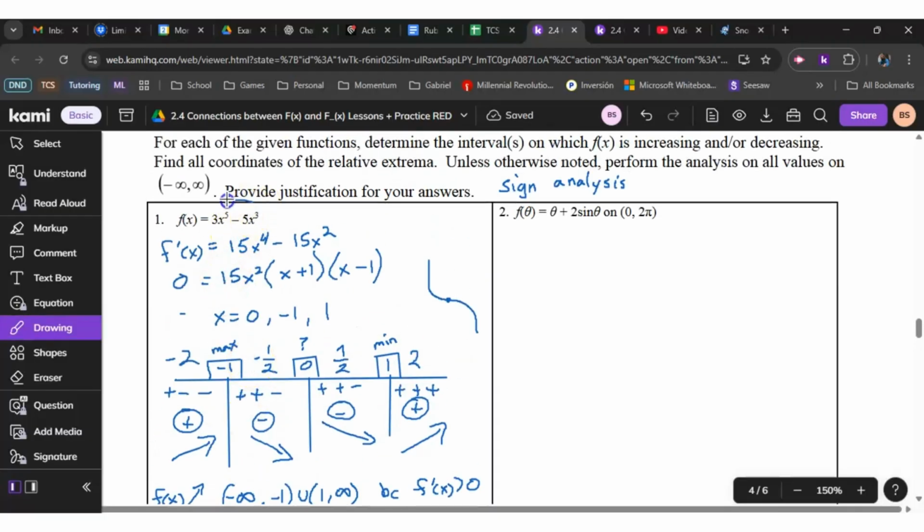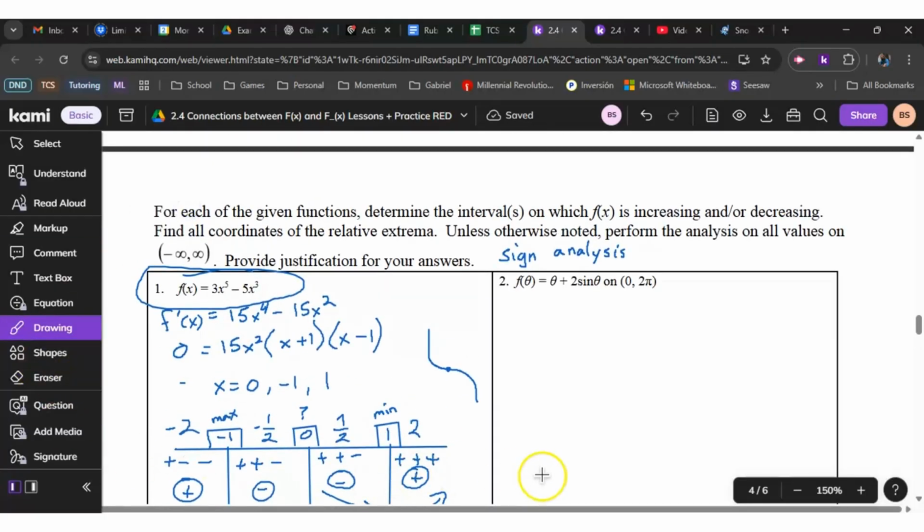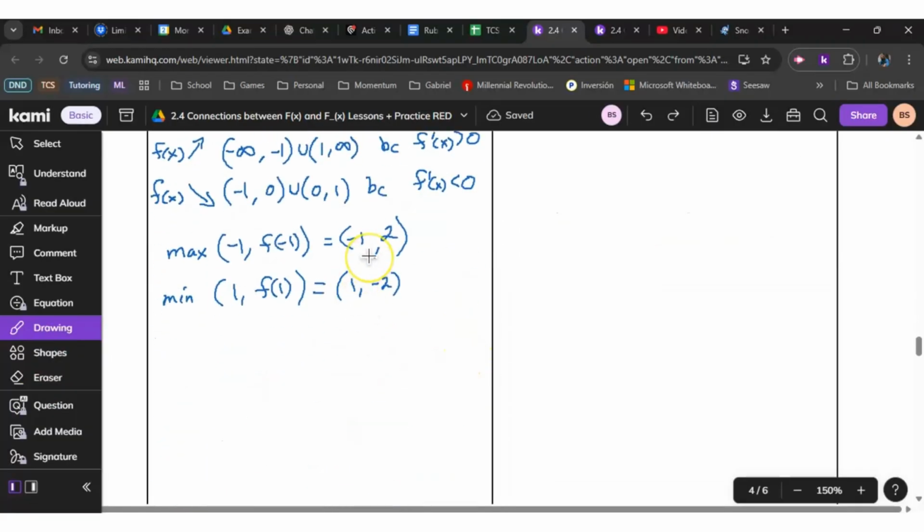Because I plugged negative 1 into the original equation, and it gave me 2. It's just a coordinate.